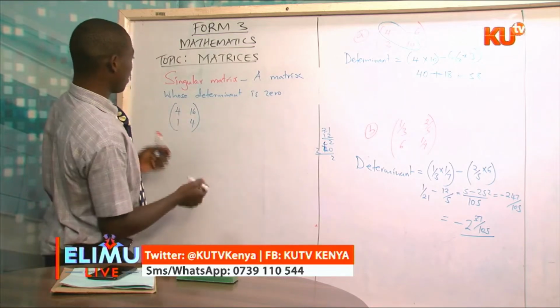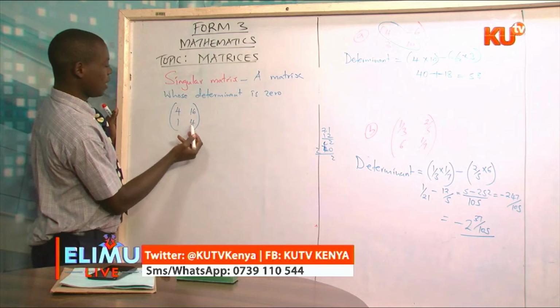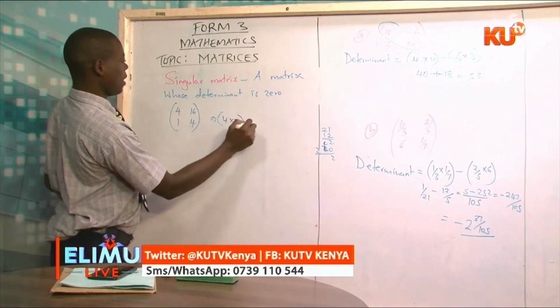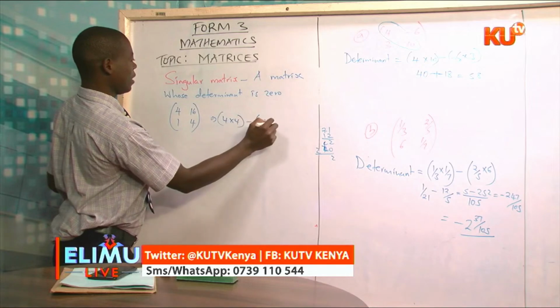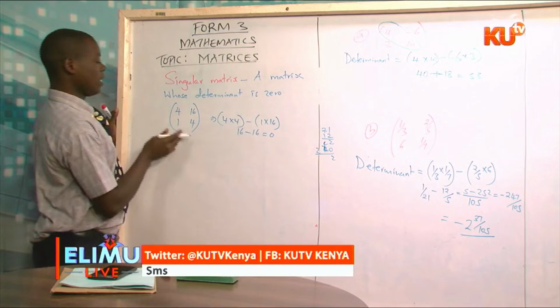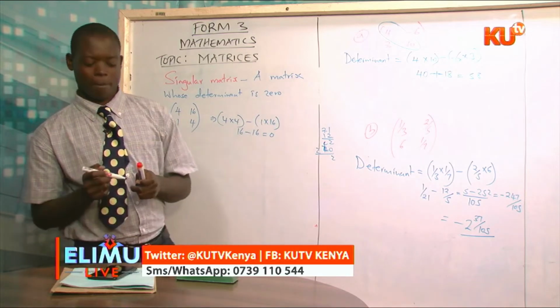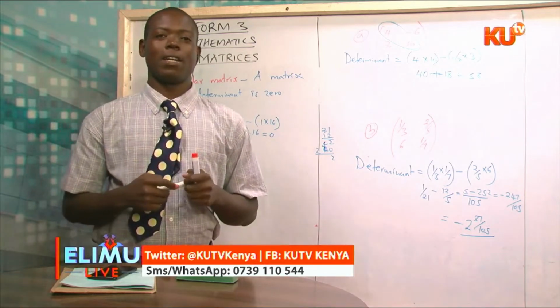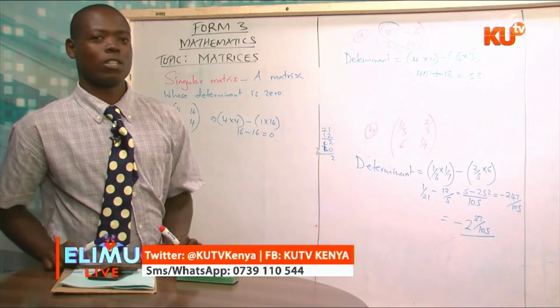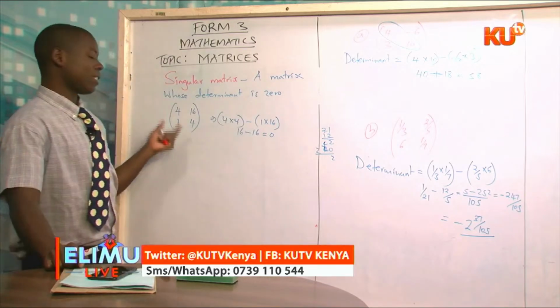Why will it be singular? If you take the product of elements in the leading diagonal, it will be 4 by 4 minus 1 by 16. So this is 16 less 16, which is 0. This matrix becomes singular.